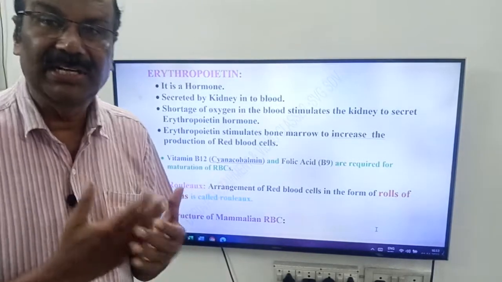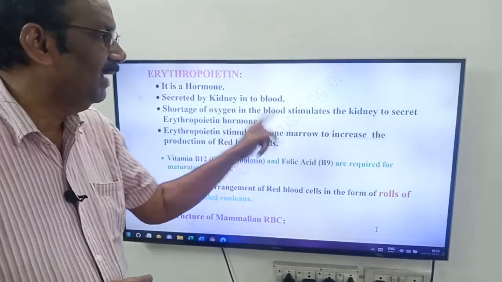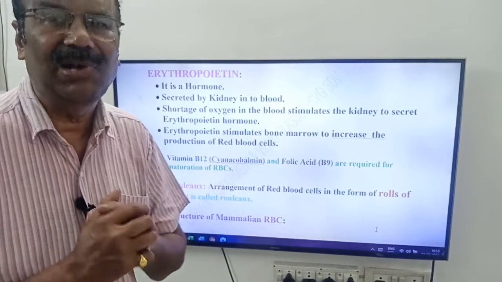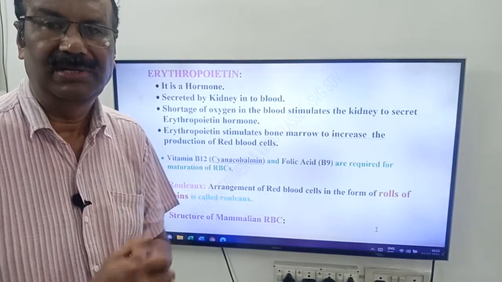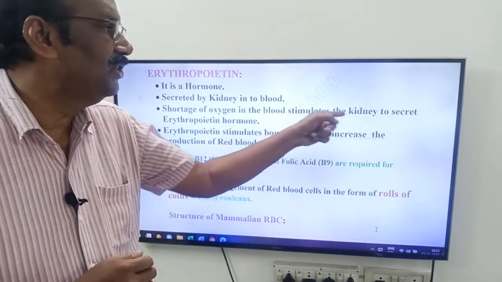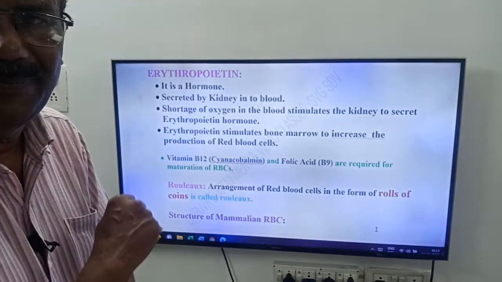When the blood has less oxygen, or deficiency or shortage of oxygen, then the blood stimulates the kidney to secrete the erythropoietin hormone.